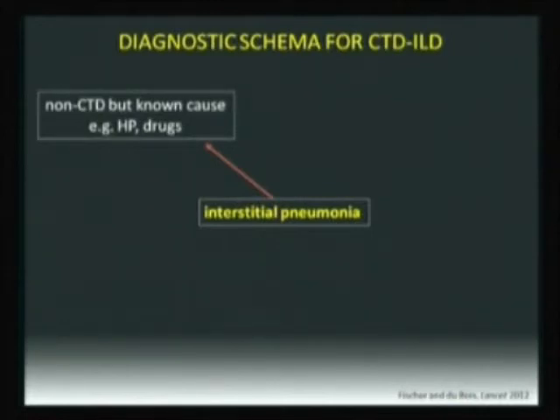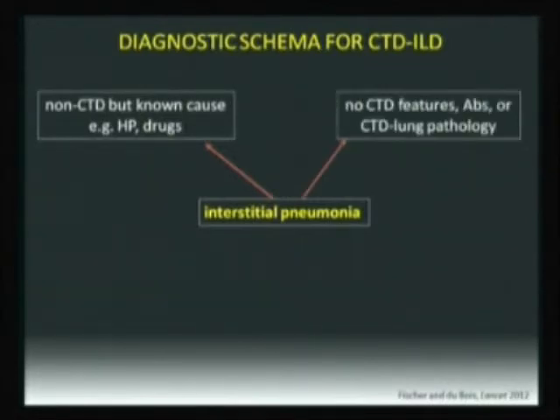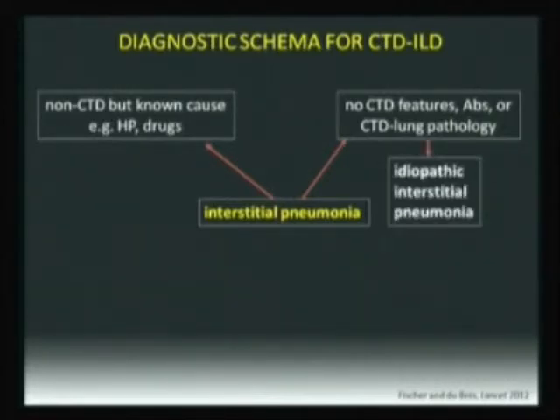This is the first category, and you need to exclude these patients. Then, if you have no connective tissue disease features, typical antibodies, or connective tissue lung pathologies, you are in the realm of idiopathic interstitial pneumonia, because there is nothing you can use to tell that this disease is non-idiopathic.